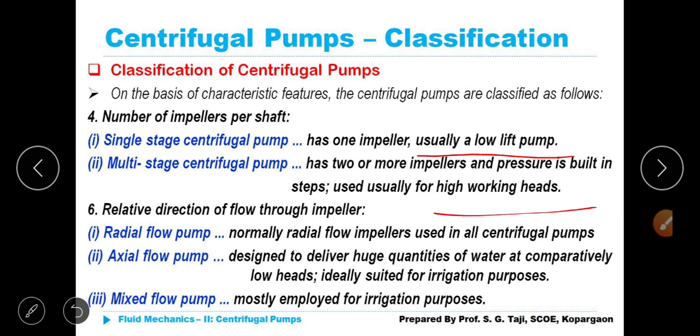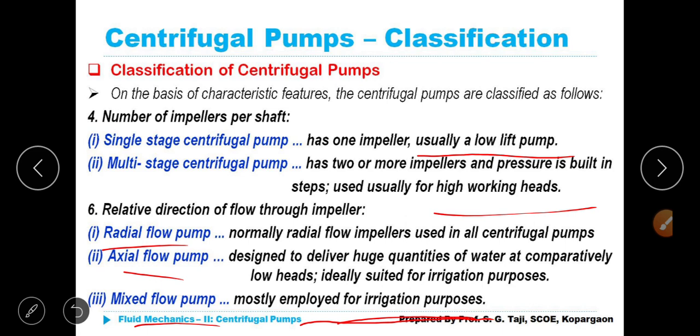Based on relative direction of flow through impeller, we have already said radial flow, axial flow and mixed flow, so we will not unnecessarily waste more time. However, this is important as far as the agricultural field is concerned. Mixed flow pumps are mostly employed for irrigation purposes, that is agriculture.